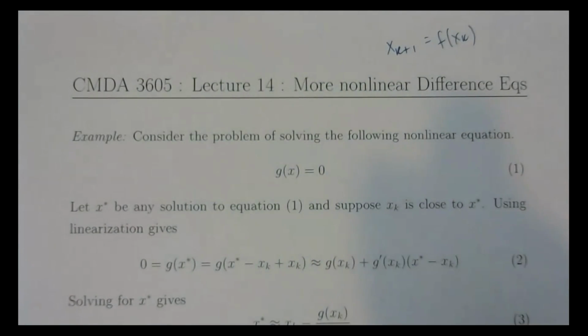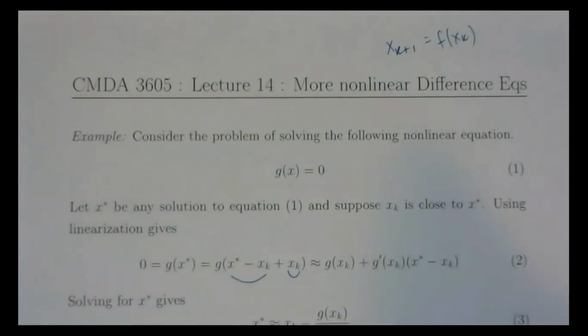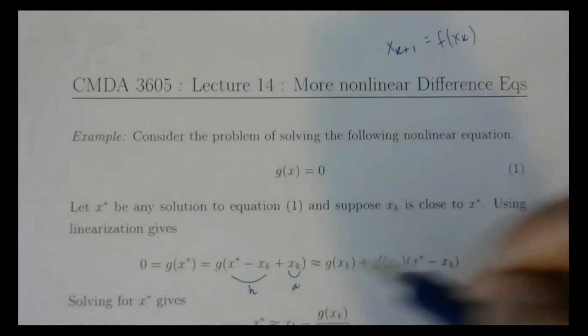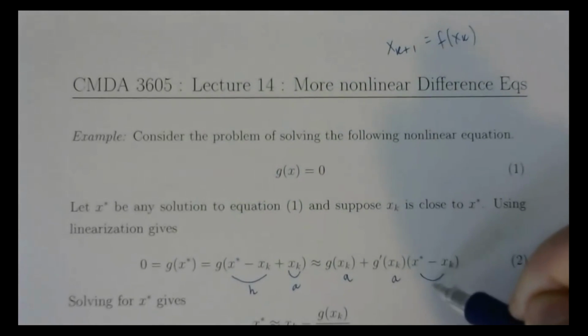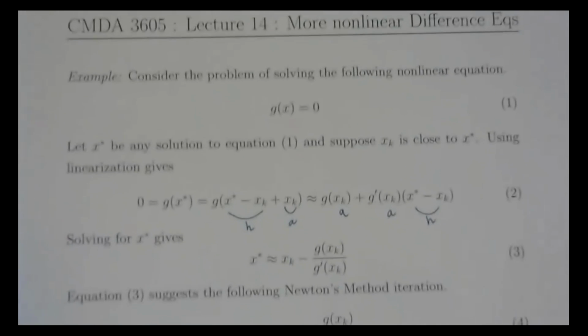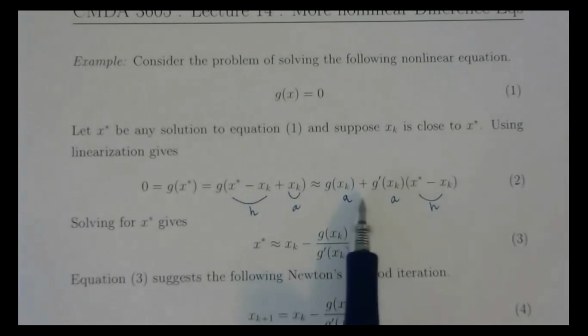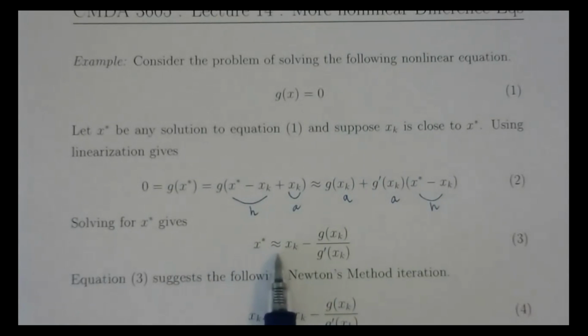Where I group these two terms, this would be like my perturbation on this guy here. So if this is like A, this is H, if you're used to that notation. So if I solve for x star, where I just take the extreme right-hand side equals the extreme left-hand side, so 0, I get that x star is approximately equal to xk minus g of xk over g prime of xk.